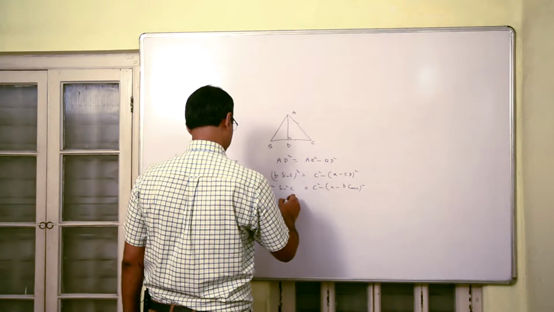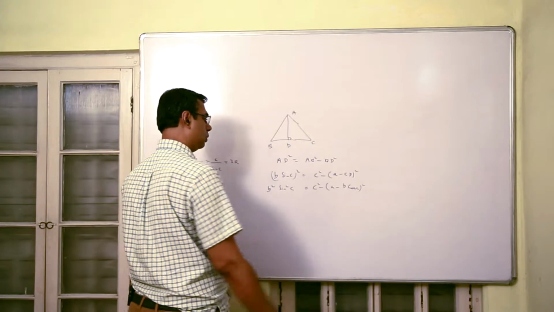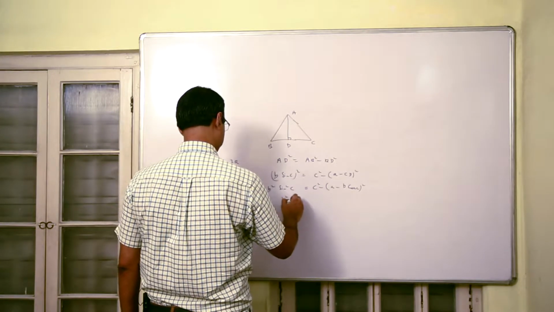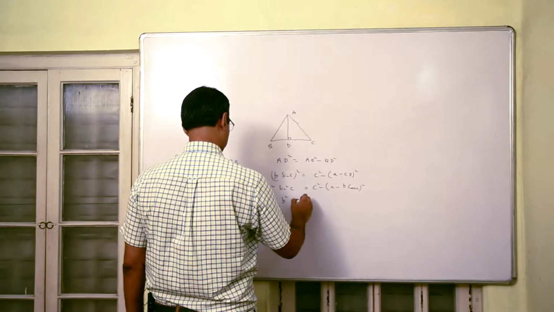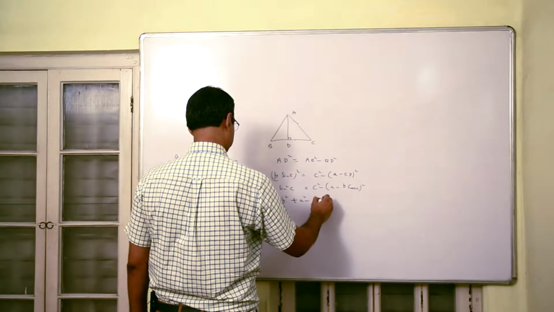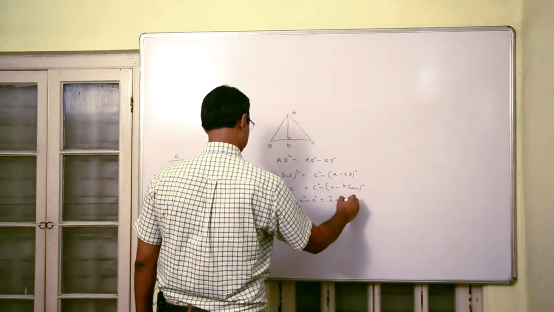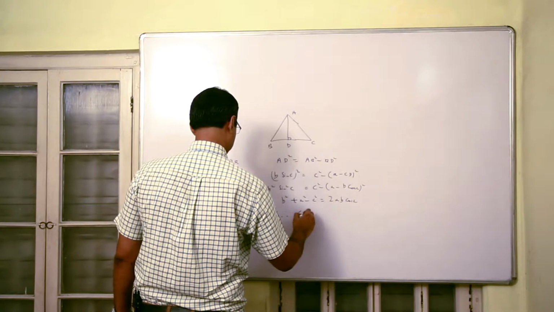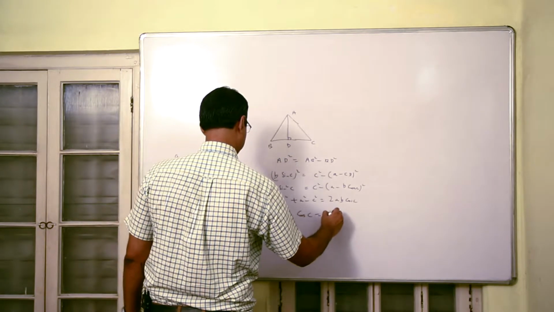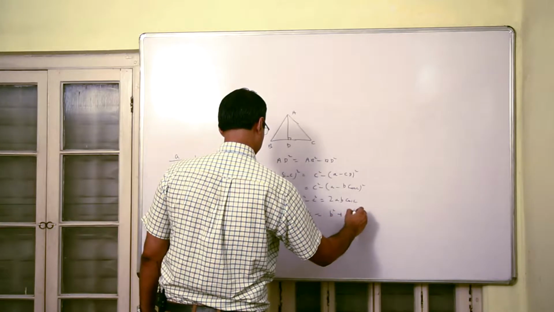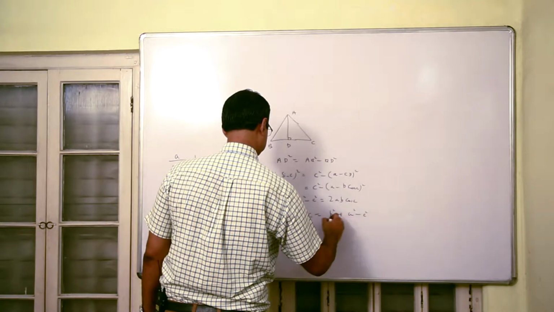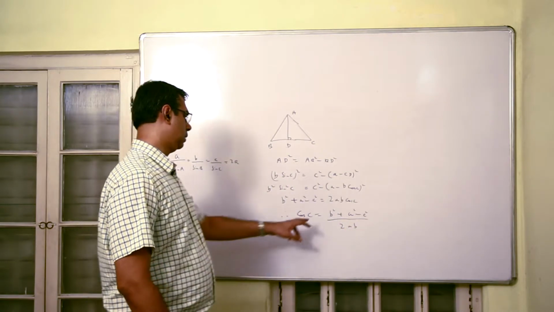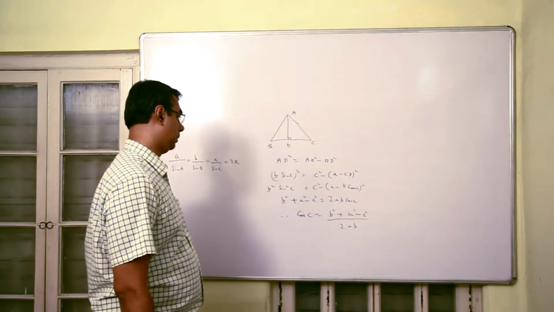Now if you simplify both sides, then you will get b square plus a square minus c square is equal to 2ab cos C. So that gives us cos C equal to b square plus a square minus c square by 2ab.